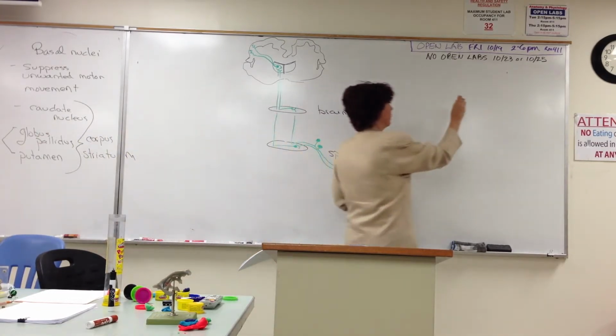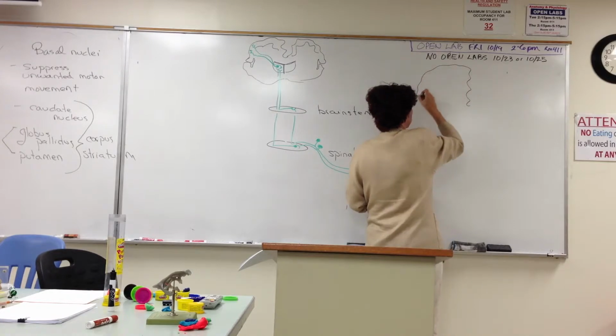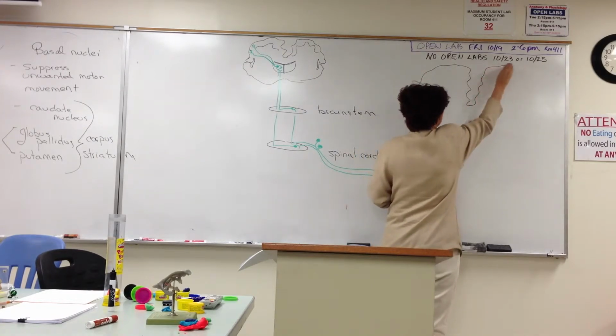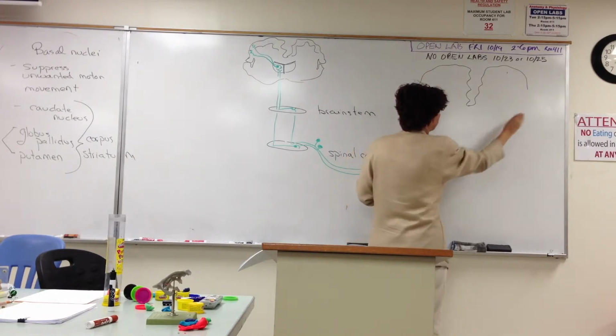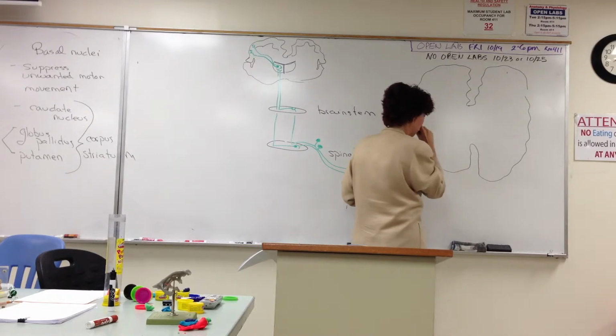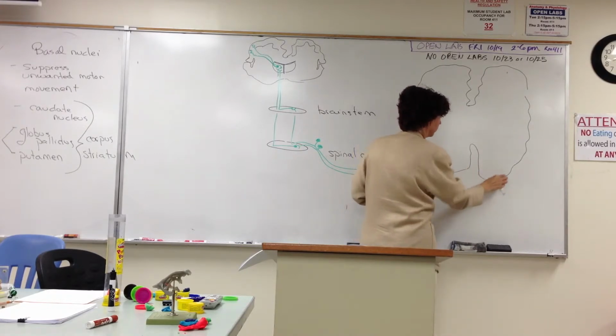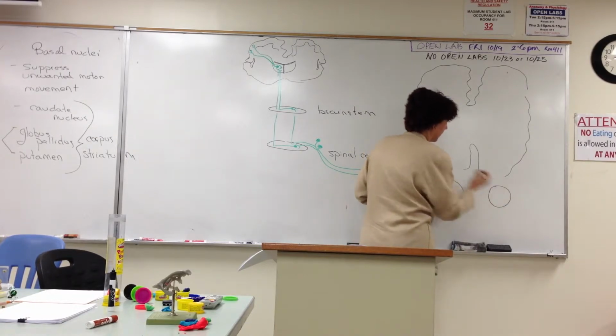So the occipital lobe is back here. Here is parietal and frontal lobe. And my eyeball here.